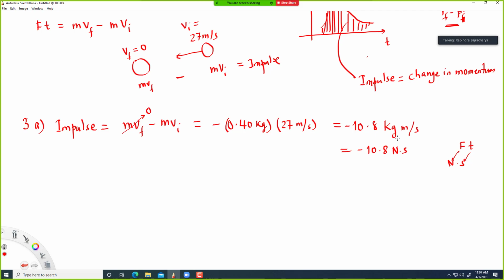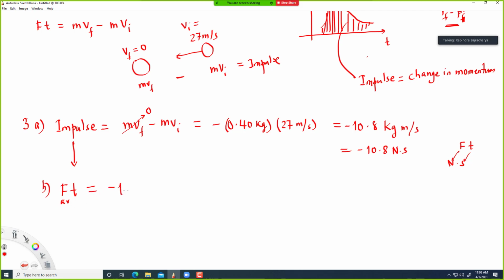Okay, let's look at the second part. If the player stops the ball in 0.02 seconds during the catch, how much force will the player exert on the ball? We know impulse is force times time. If the force is changing, you can call it average force, because force is not constant. So impulse is average force times time. But if it is constant, you can just write impulse is force times time.